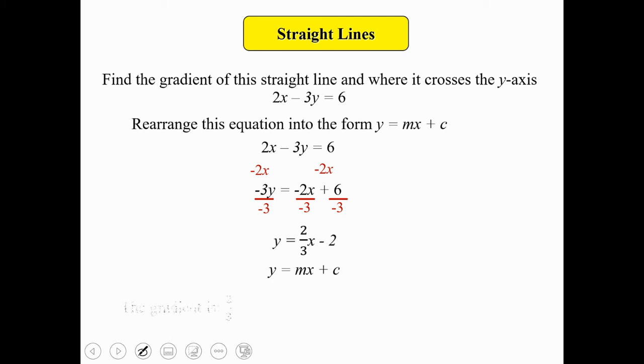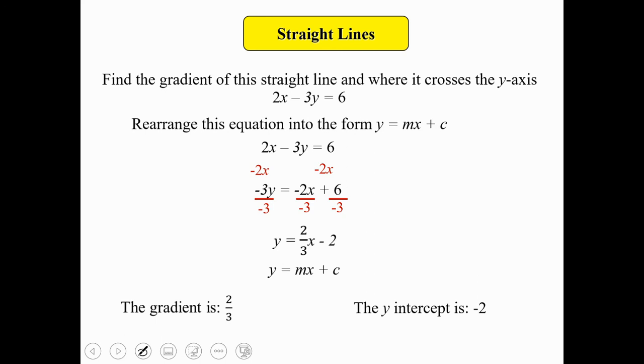So what would my gradient be? My gradient would be the coefficient of x, which is 2 over 3. And my y-intercept, be careful. A lot of people just say 2. It is actually minus 2 because there's a negative sign in front of the 2.